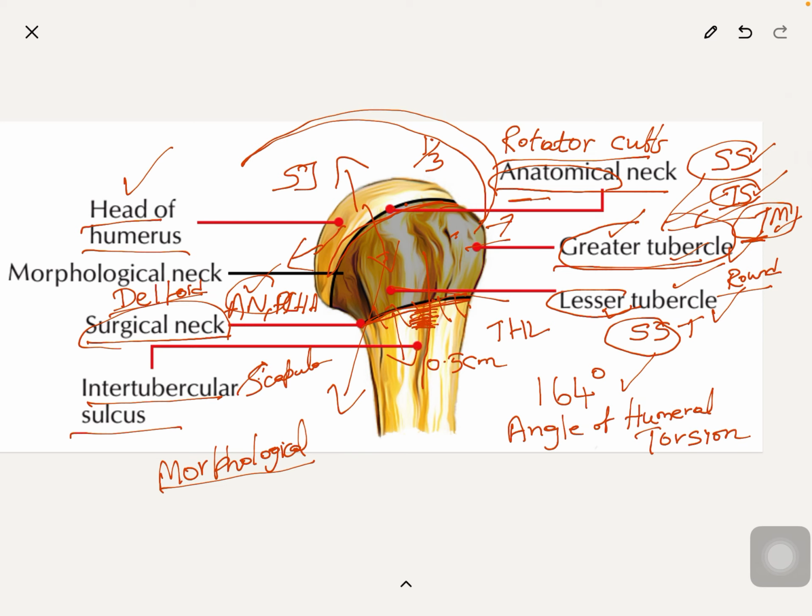In adults, the morphological neck disappears. We can't identify it in the humerus. So now we will move on to the shaft. Shaft we will see in the next picture.